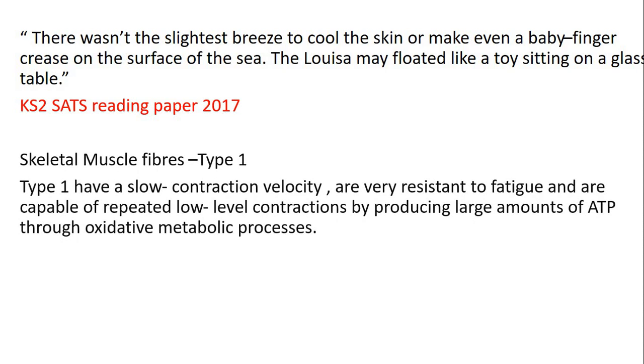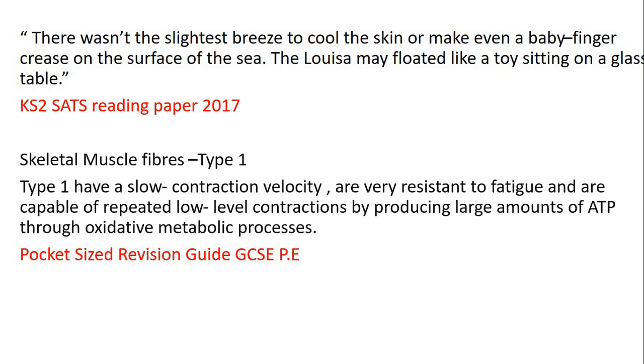And then the second text from my son's pocket-sized revision guide to PE. Some mind-blowing vocabulary in here, particularly for me, as not a scientific type of person. So skeletal muscle fibres, type 1.